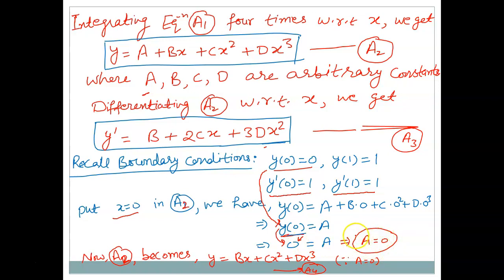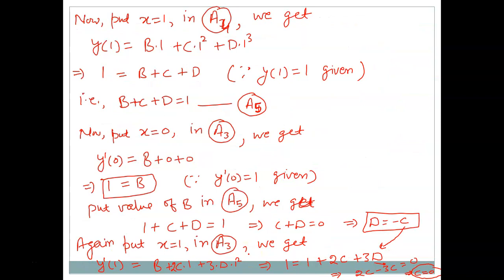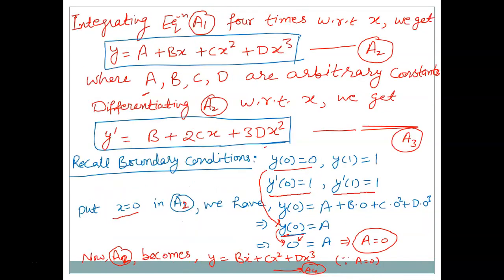Now if you substitute this value of a in equation a2, it reduces to this form. Now we are calling this equation a4. So the solution function reduces to this form. Again we have 3 constants that we have to determine with the other 3 boundary conditions. Next we put x equal to 1 in equation a4, which is this equation after substituting a equal to 0.